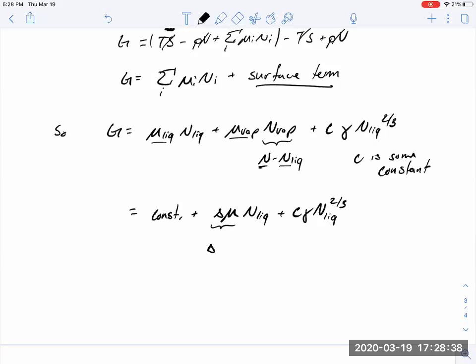Where delta mu is equal to mu of the liquid minus mu of the vapor.